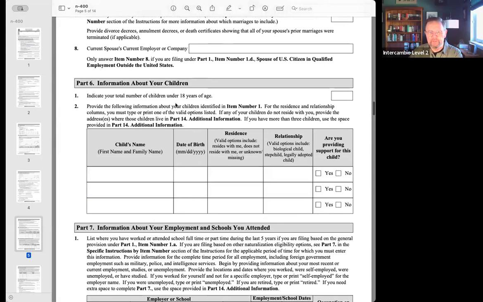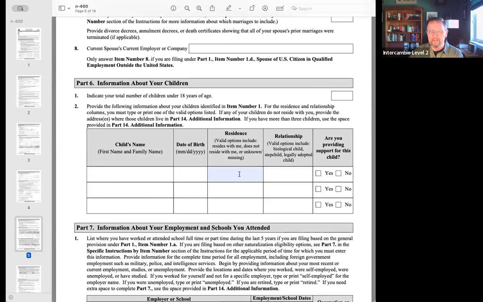Information about children, and this is something else they've changed. They're wanting to know the total number of children who are under 18 years of age at the time you're filling this out. So if you have 5 kids, and one's 21, one's 20, one's 17, one's 16, one's 12, you'd only list the 3 that are under 18. So the number would be 3. And you have to give the children's ages here, and whether they live with you.